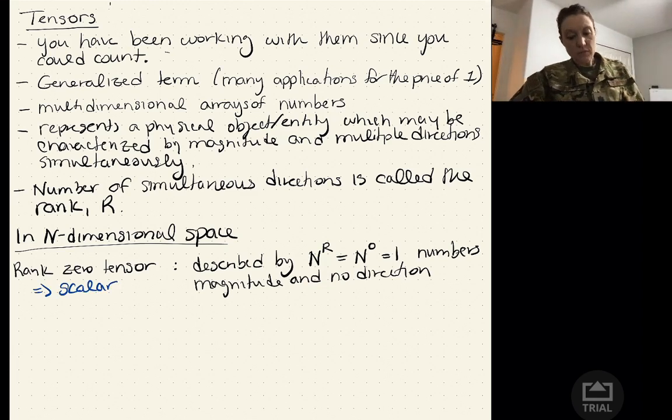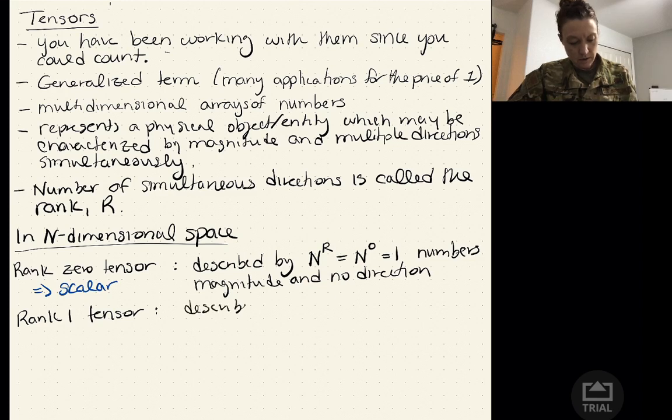Okay. All right, let's move on to the next one, which is rank 1 tensor. So this one is described by n to the 1, which is equal to just n numbers.